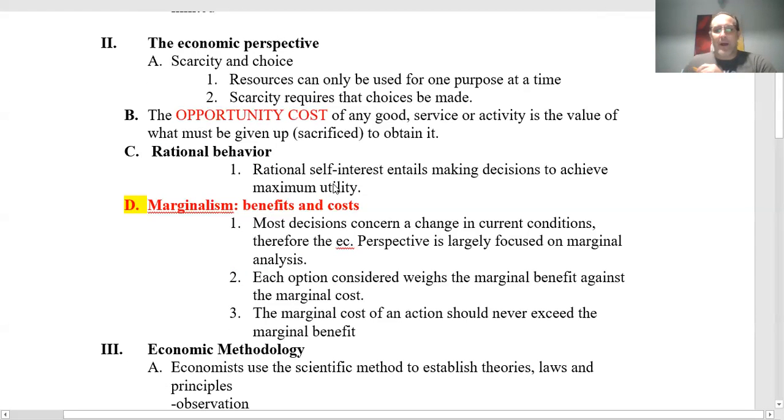Now, what I wanted to go over is a couple vocab words from chapter 1. First of all, let me go to Adam Smith. Adam Smith is the father of modern economics. He wrote a book called The Wealth of Nations. It was published in an easy year to remember.